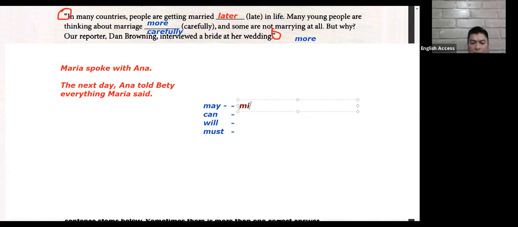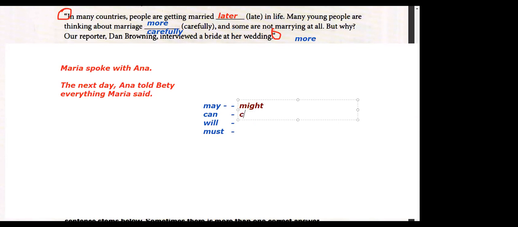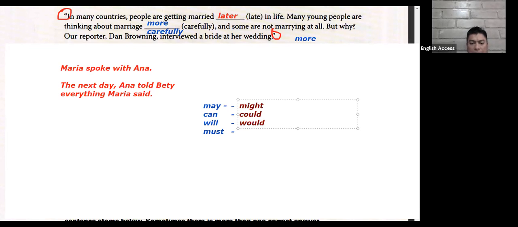May changes to might, can to could, will to would, and must to have to.